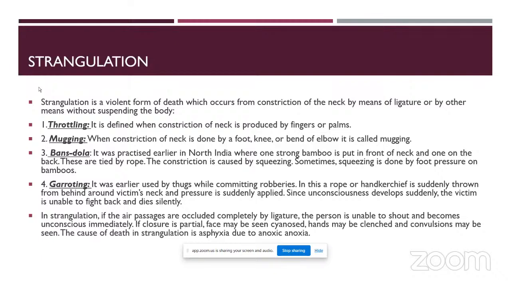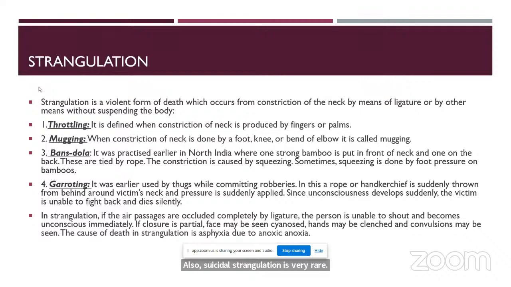Also, we should note that the natural folds in the neck may sometimes create confusion. In persons with a healthy body, we can see a natural fold that is already present. It can be mistaken for a ligature mark, but it is a pseudo mark, which can create confusion. Also, suicidal strangulation is very rare.